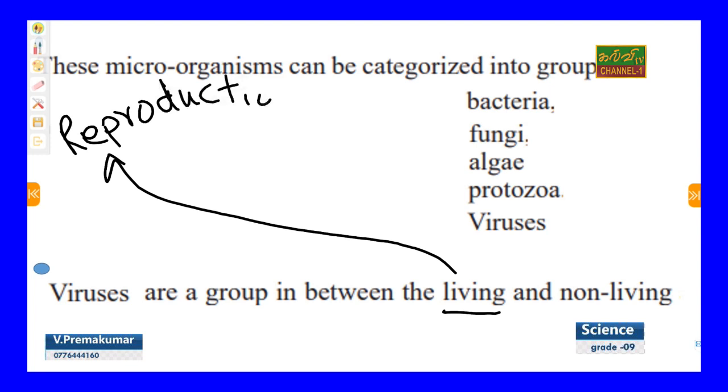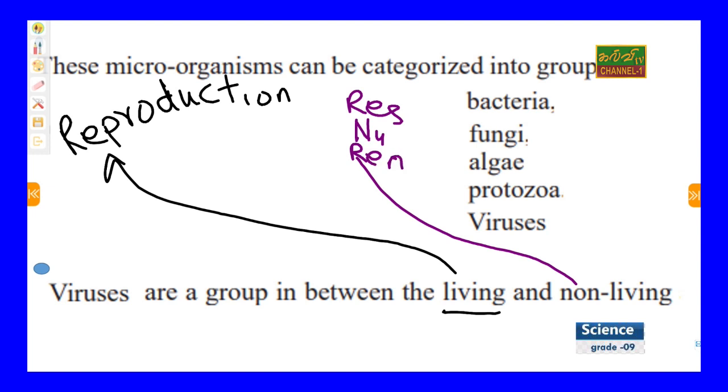Reproduction is a living feature. As non-living features, they don't show nutrition activities, or any respiration, or excretion functions, no growth, only multiplication.